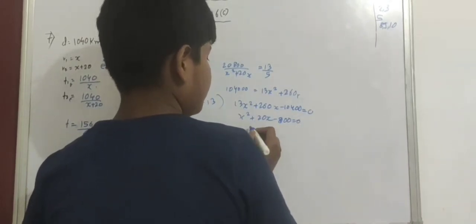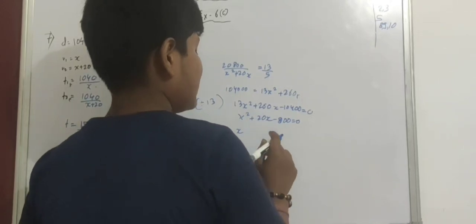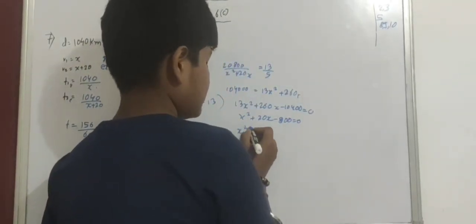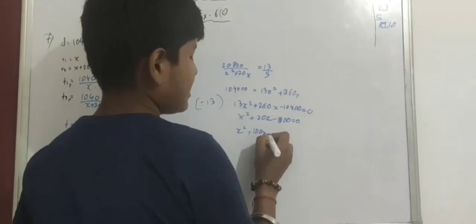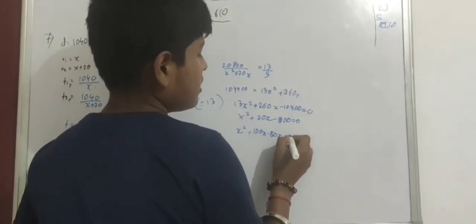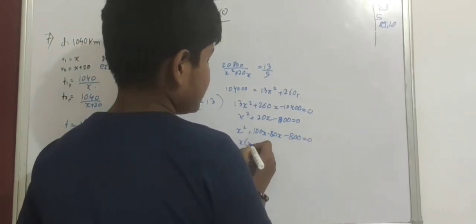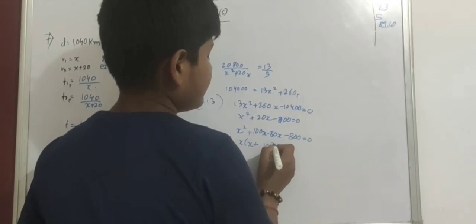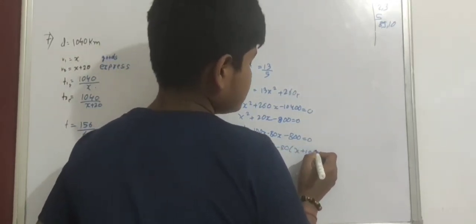So now do the middle term split of this term. This term is smaller, so less effort and less use of brain will be required, so you will get your answer more quickly. x minus 80 x minus 800 is equal to 0. Here x plus 100 minus 80 x plus 100 is equal to 0.